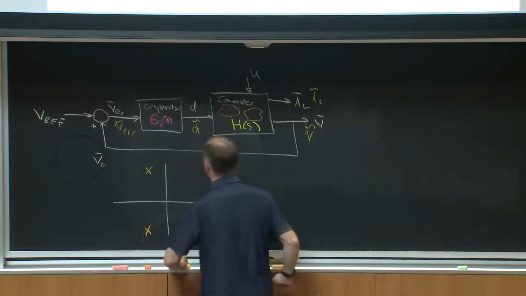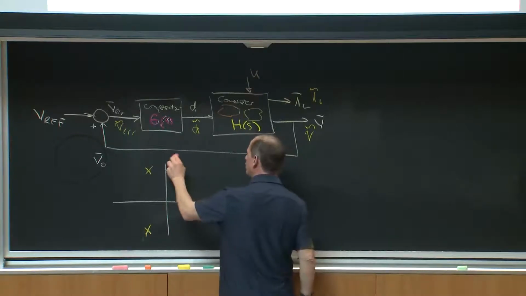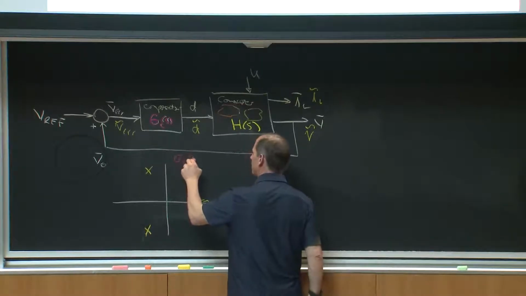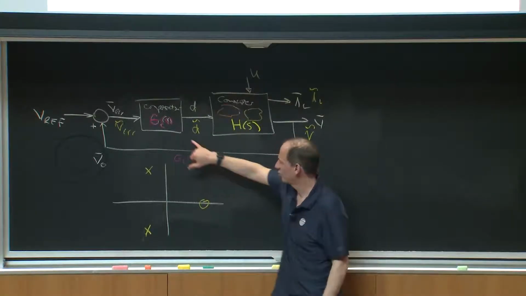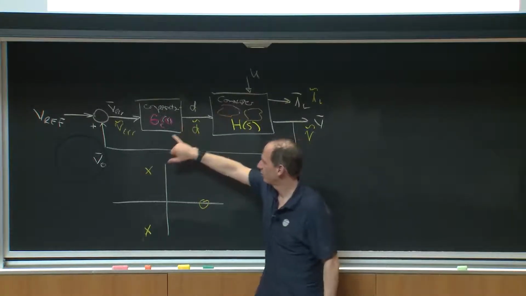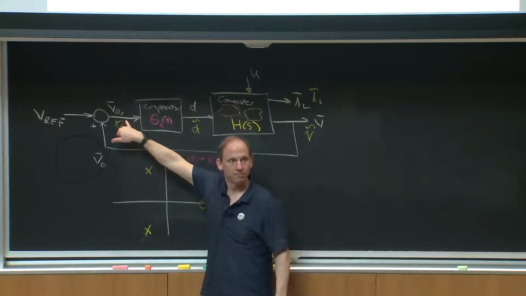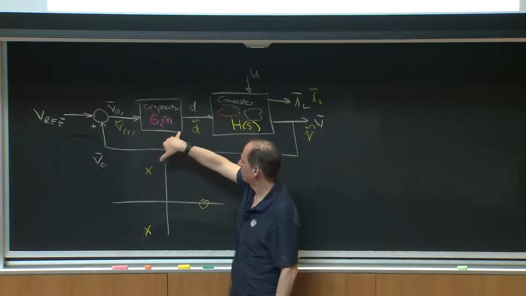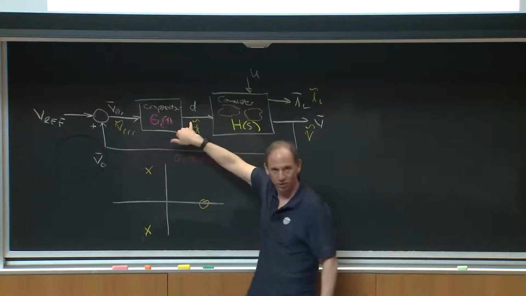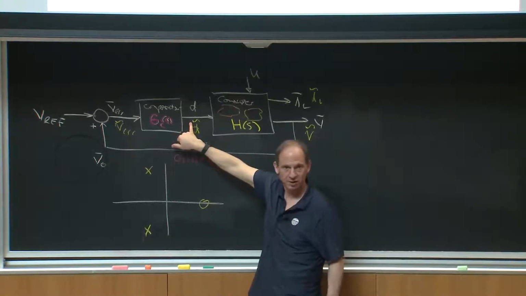So what would happen if I made GC of S just a proportional controller? I'm going to make this a constant gain. So I'm going to get a duty ratio that's proportional to the error. And what I would want is to turn that gain up so that a tiny error gives me a big duty ratio and I get a small steady state error.